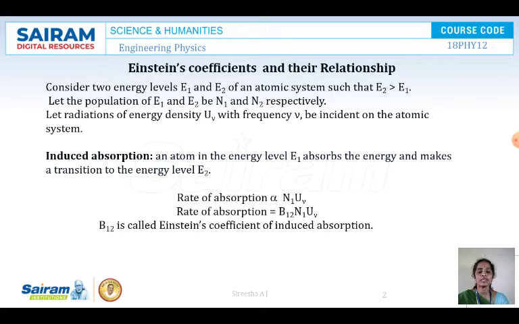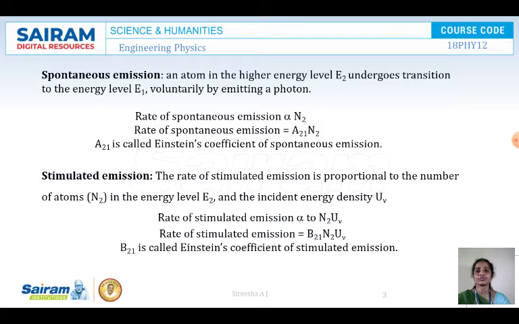Removing the proportionality symbol, rate of induced absorption is equal to B12 N1 U nu. B12 is a constant of proportionality called Einstein's coefficient of induced absorption. It is the constant for the atom transiting from state 1 to state 2, E1 to E2, therefore it is written as B12.